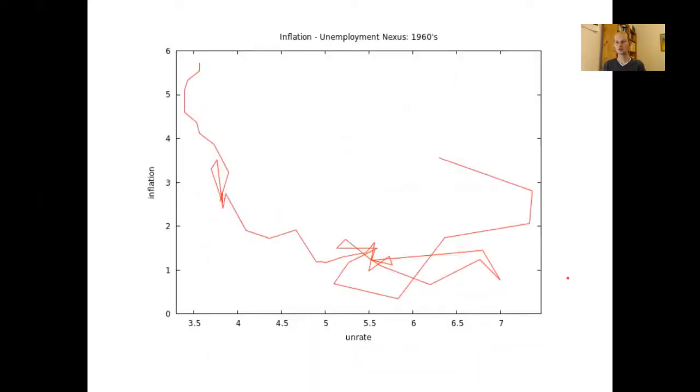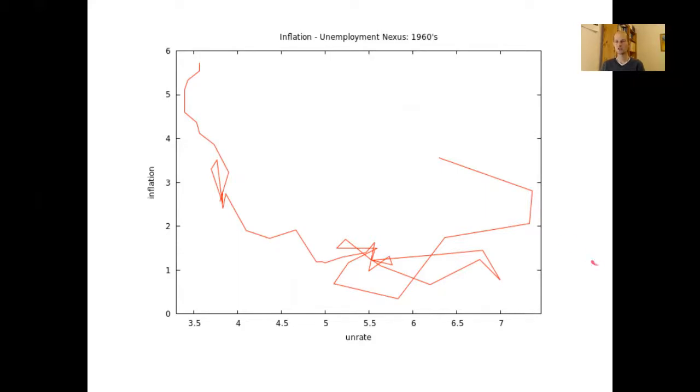Let me turn your attention also to the development of the Phillips curve relationship. Here on this plot, you can see a cross-sectional plot between inflation and unemployment rate. The observations at given points of time are just linked together to represent how the relationship evolved over time.